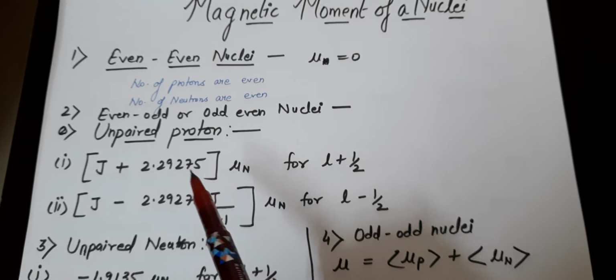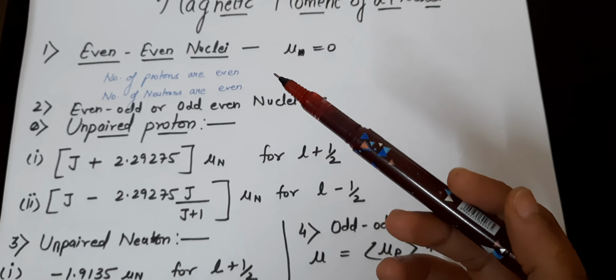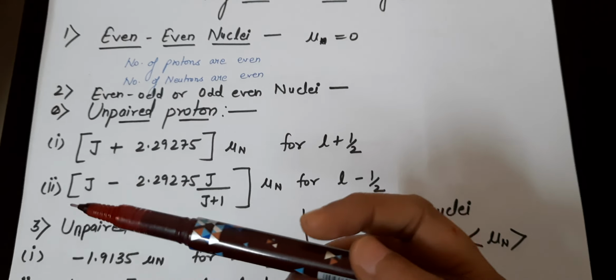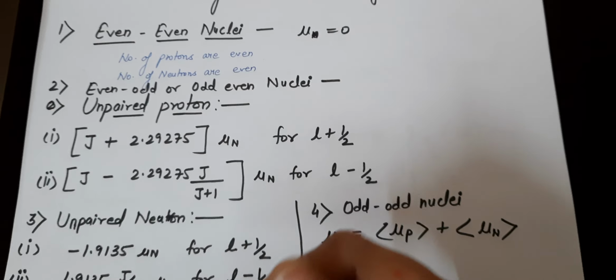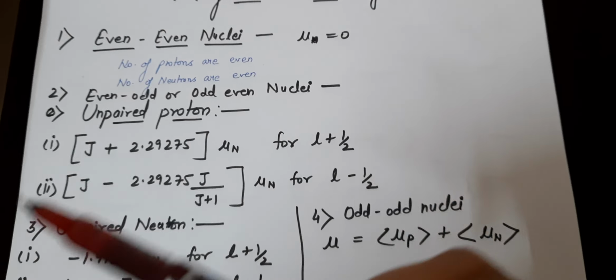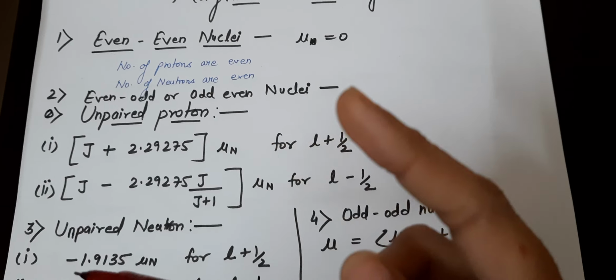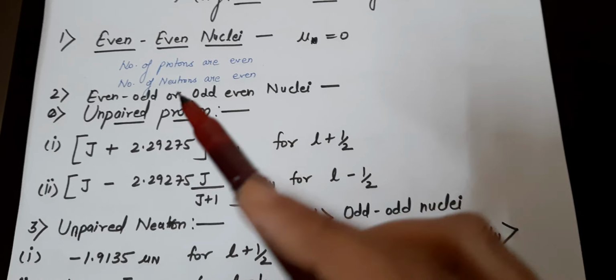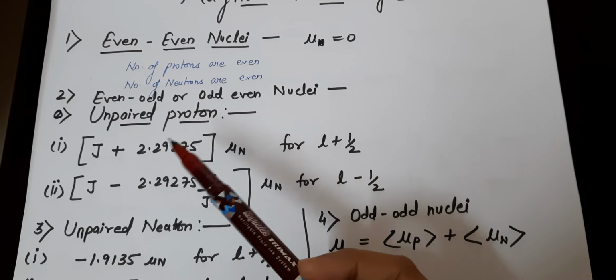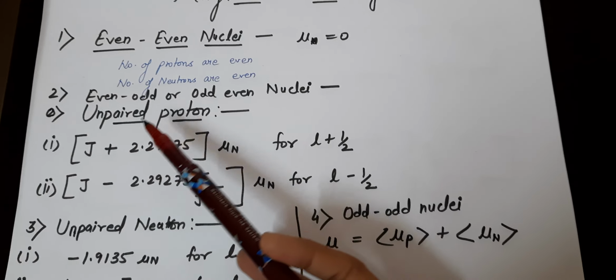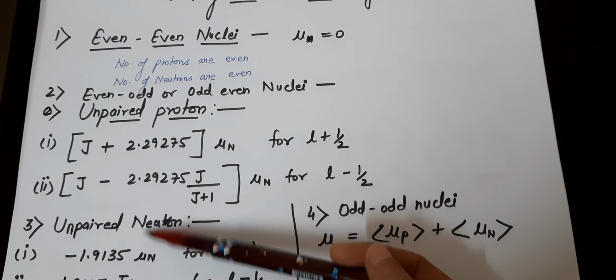In the second case, we have even-odd or odd-even nuclei. Means either we have an even number of protons and an odd number of neutrons, or an even number of neutrons and an odd number of protons, vice versa. In that case we again have two cases.